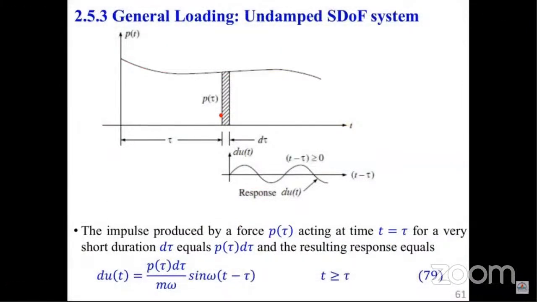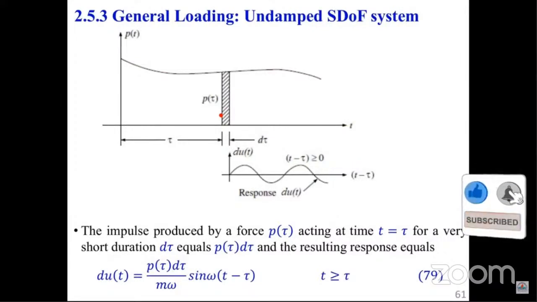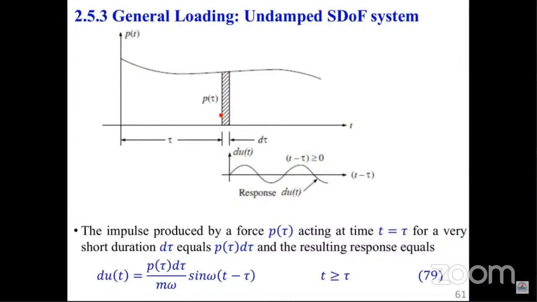Last time we were talking about forced vibration, and we talked about when the forcing function is harmonic, that is, it can be expressed as a sinusoidal wave. Now today we look at the second part where the forcing function is arbitrary, is general.